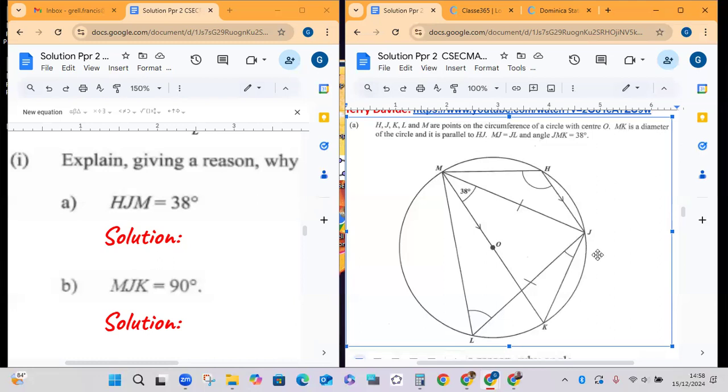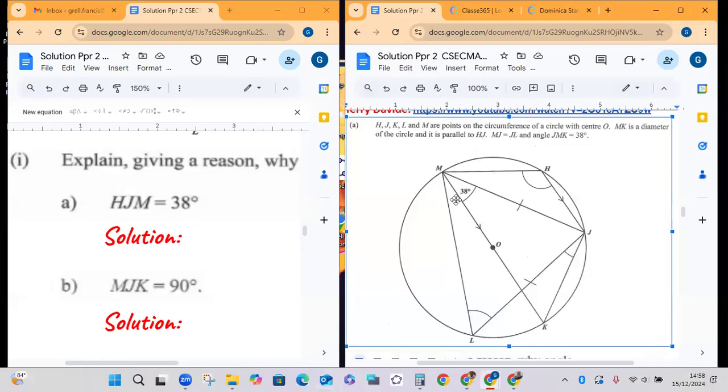Now MK and HG are parallel, so that must mean something. And it means that HGM, there's a 30 degrees right there. There's a 30 degrees.